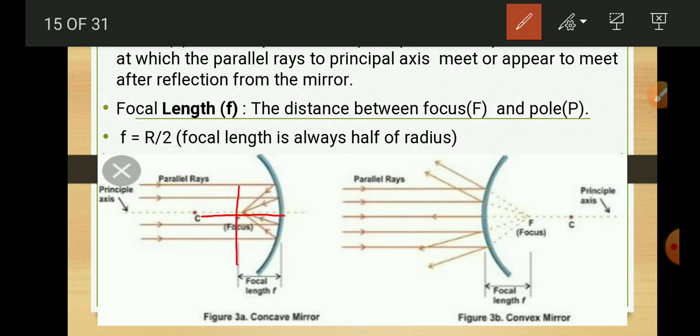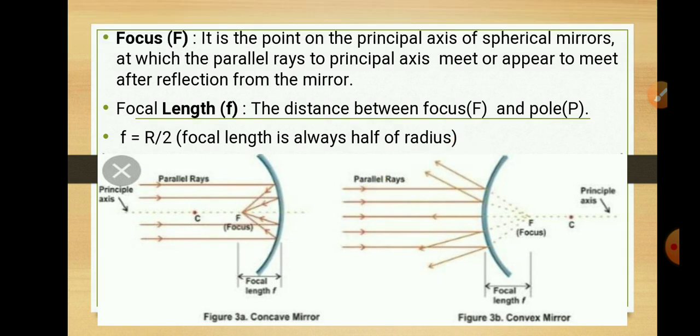So f equals r divided by 2, or r equals 2f. That is, the radius of curvature is double the focal length. So students, this is all about the basic terms related to spherical mirrors.